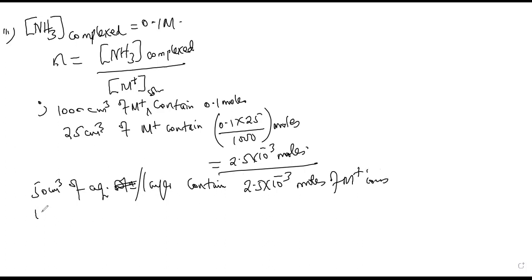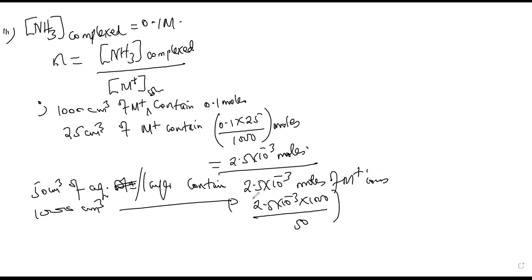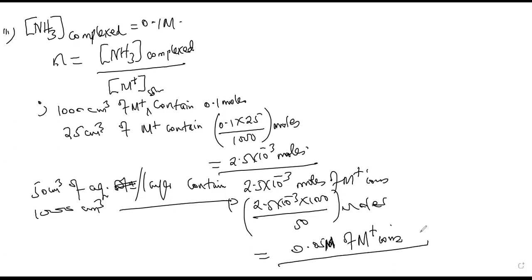Then what about 1,000? The 1,000 cubic centimeters will contain 2.5 exponent negative 3 times 1,000 out of 50 moles, which comes up as 0.05 molar. This is the molar concentration of the M plus ion. So now I've gotten the concentration of the metal ion.